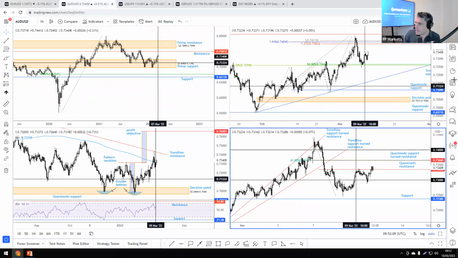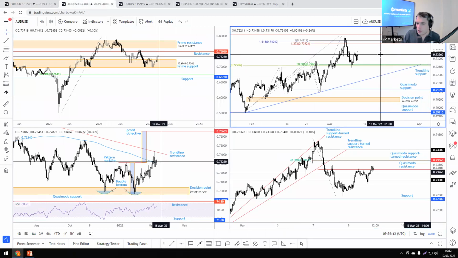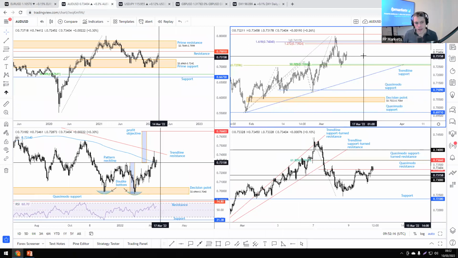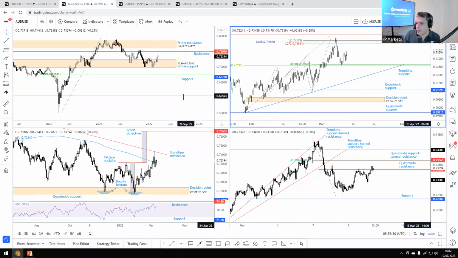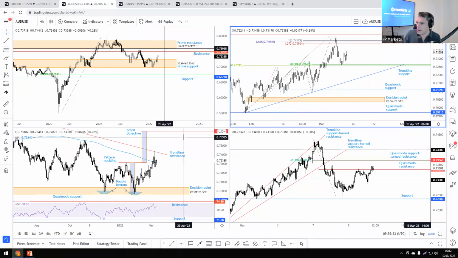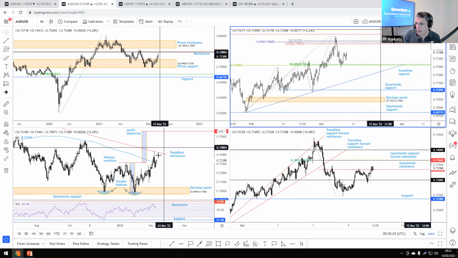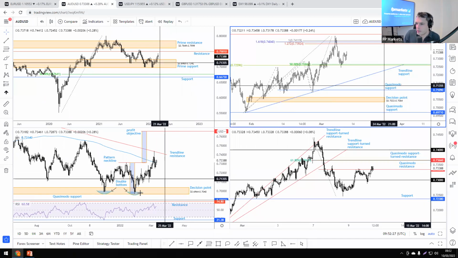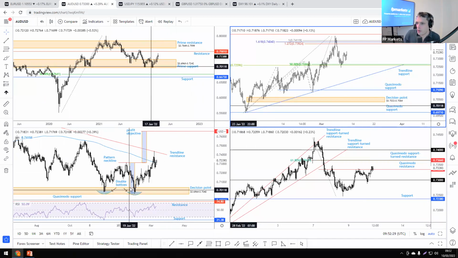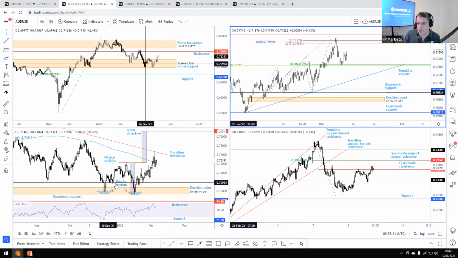Just really quickly, if you have any setups that really encompass the multi-time frame approach, do let me know and we'll check it out really quickly. There's not much really going on here. For anyone that looks at chart patterns, we do have a potential double bottom on the daily time frame for the Aussie dollar.